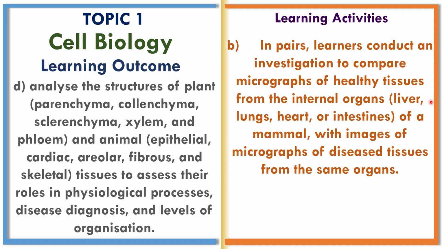Our learning activity is B. In pairs, learners conduct an investigation to compare micrographs of healthy tissues from the internal organs, the liver, the lungs, the heart, or intestines of a mammal with images of micrographs of diseased tissues from the same organs.